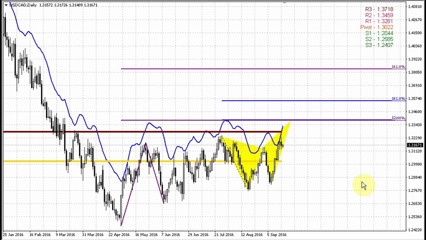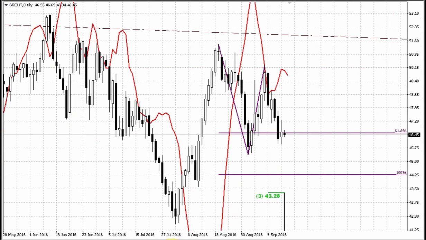As we said yesterday, the Canadian dollar has a really great relation with crude oil. Take a look at the Brent crude oil daily chart. The market has hit the minor 618 extension of this A, B, C top, D pattern, so its minor target has been hit. The market has shown some minor reaction on this level.